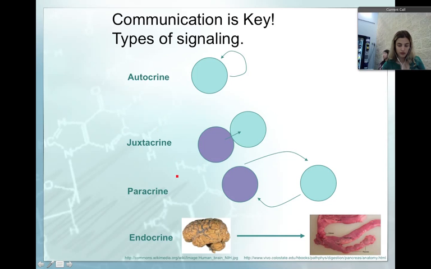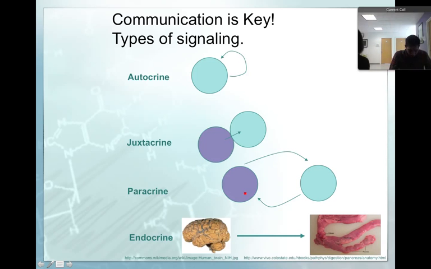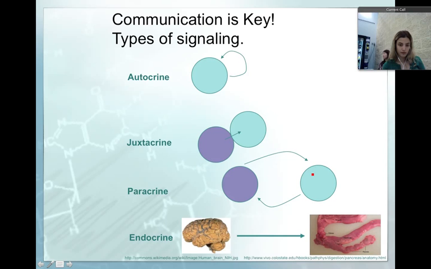In cancer, every one of these is important, right? Whether you're talking about the insulin that's produced in the pancreas that's going somewhere, or growth factors that are controlling either the growth of the cancer cell, or maybe a blood vessel that we're regulating.